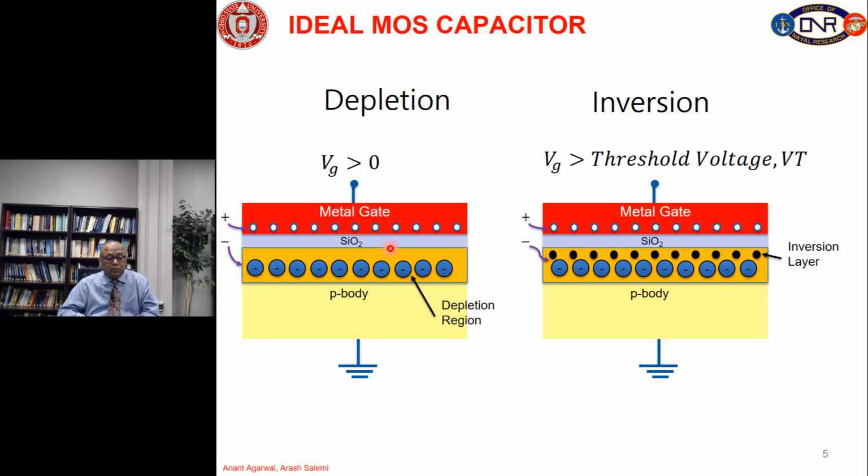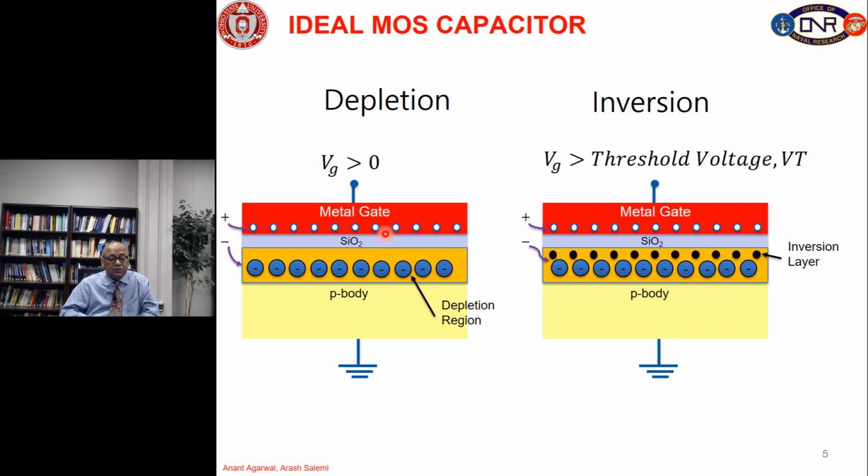So, the semiconductor which is p-type will deplete, and in this depletion region there will be no free carriers, electrons or holes, and that is why we are left with negative acceptor charges in the depletion layer. So, these negative charges in conjunction with positive charges here help to drop the gate voltage across this sandwich. So, part of the voltage will go across the oxide, and part of the voltage will go across this depletion region.